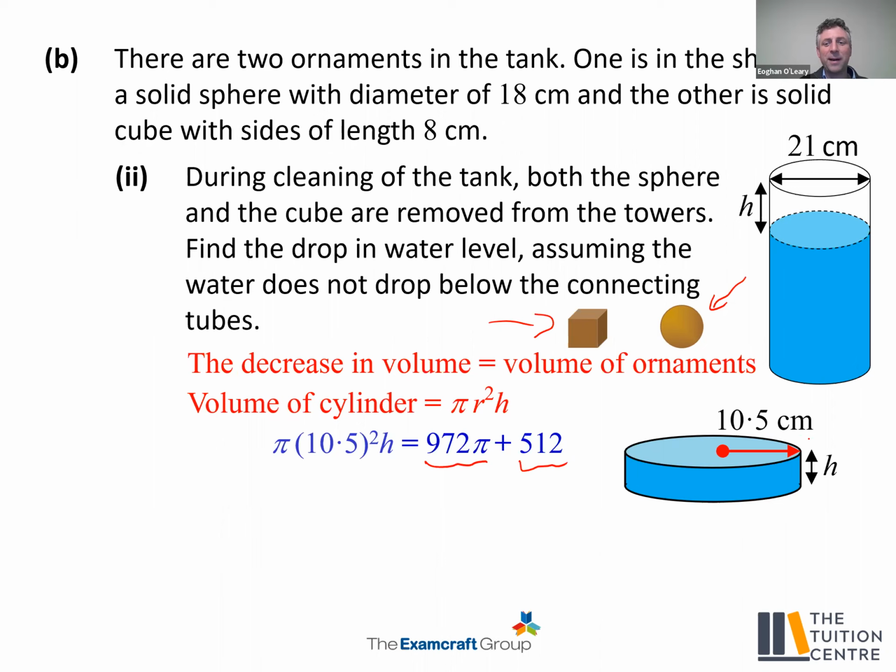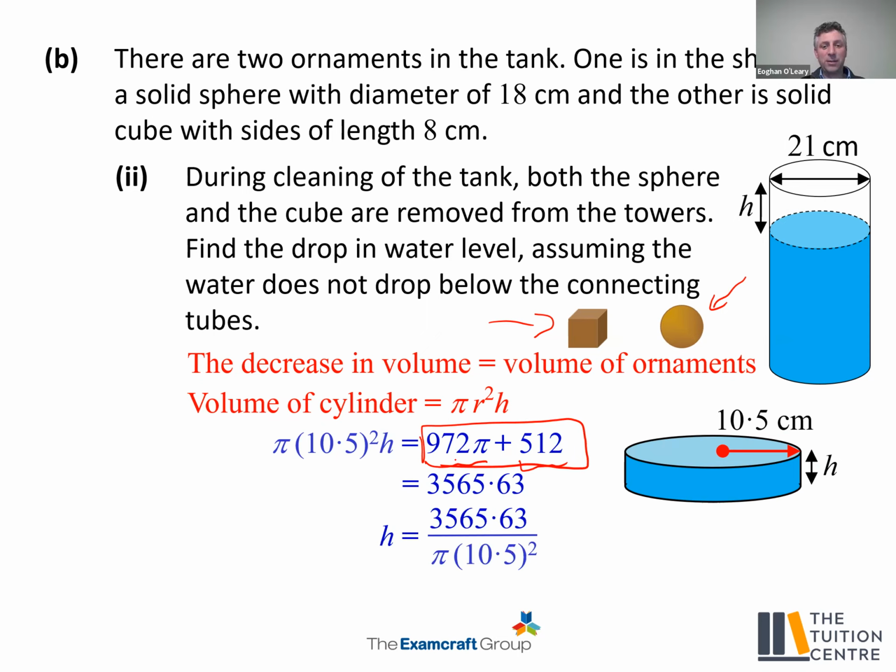So that's going to be of a radius 10.5, a height of h, which is what I'm looking for. The right-hand side of this, when I work out the actual volume of the two ornaments, is going to be 3,565.63. I get h then by saying 3,565.63 divided by pi times 10.5 squared.